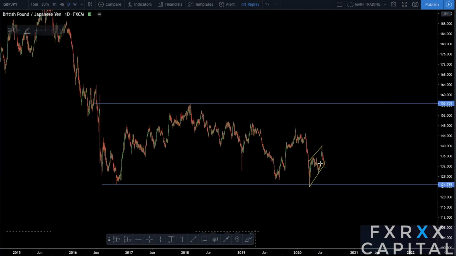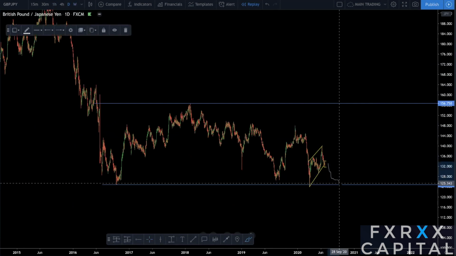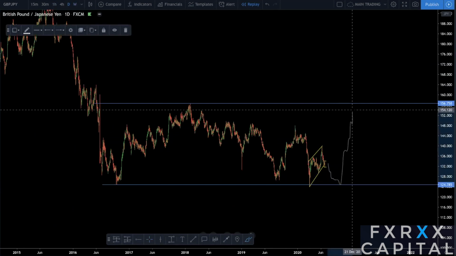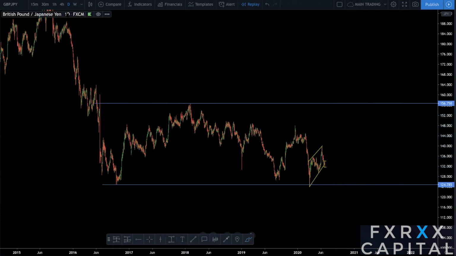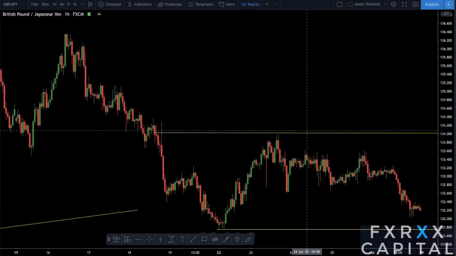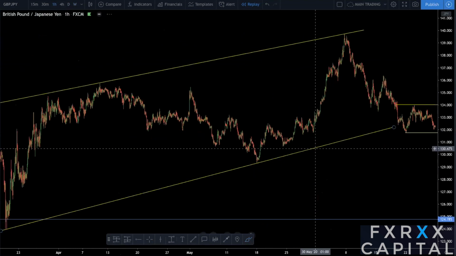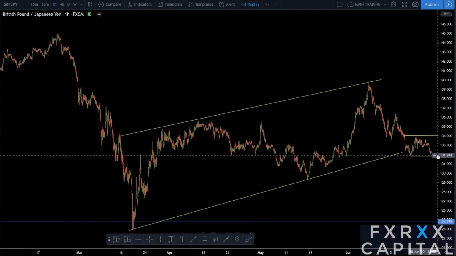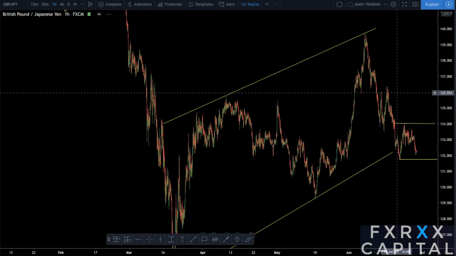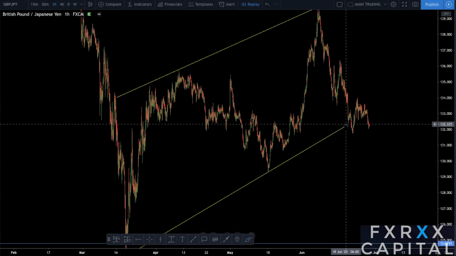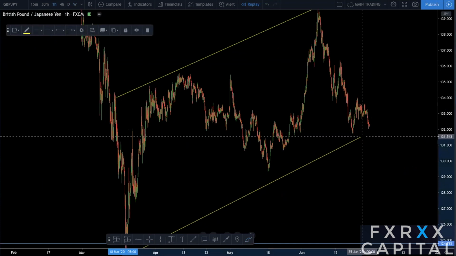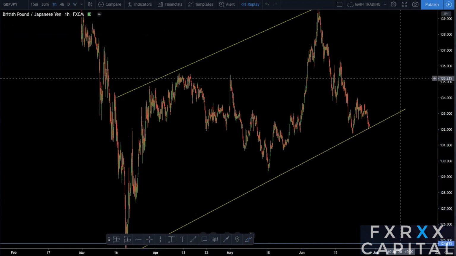Okay, price might test another low or go up. Okay, so lower time frame. This bigger structure. Okay. Sometimes people will draw a trend line here.